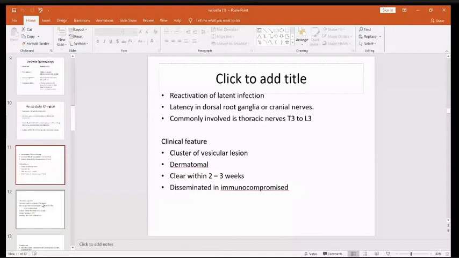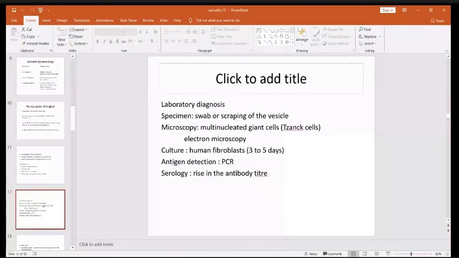So a number of cells are fused to produce a large cell, and you can see multiple nuclei within a single fused cell. So multinucleated giant cells are one of the features during the microscopic examination.